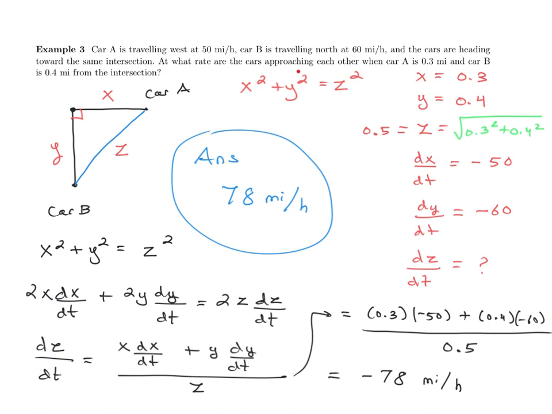And the question is already telling us that's happening. They're saying they're approaching each other. Therefore, I'm just going to say 78 miles per hour. If you included the negative, it'd be odd. You'd be saying they're actually moving away from each other. It's like a negative, negative becoming a positive. And for that reason, I'll leave the answer as just 78 miles per hour.